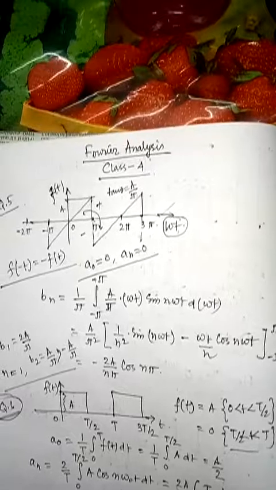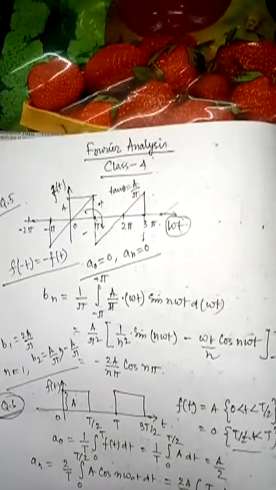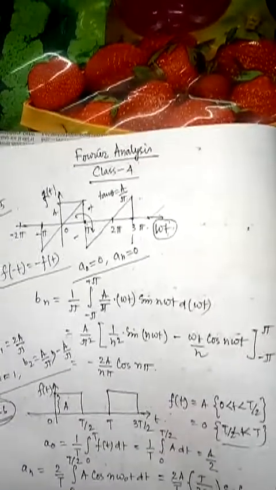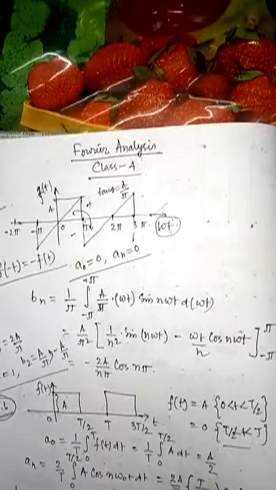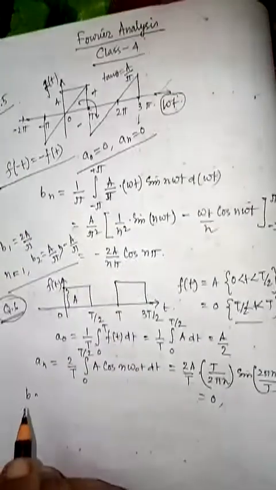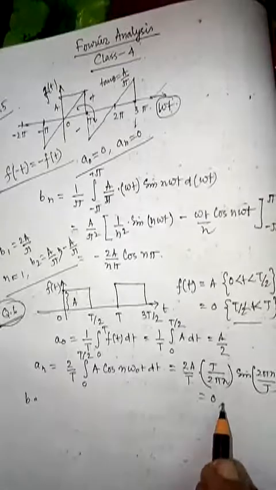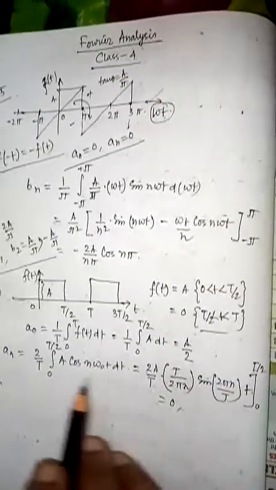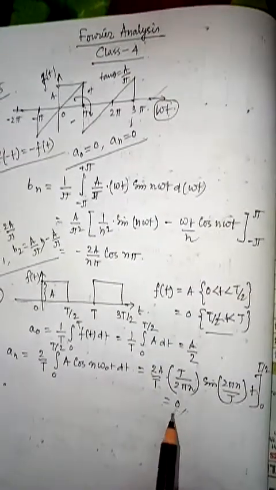So that is 0. So what is the value of an? We will be getting it as 0. So this is the integration, we will be getting it as 0.